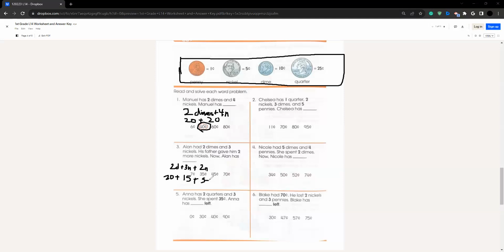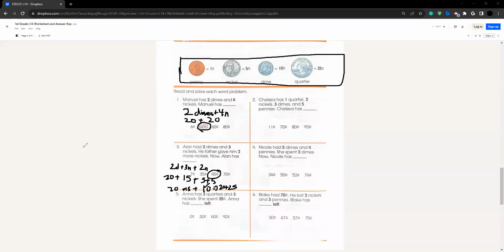So 5 plus 5, we know this is 10. 15 plus 10 is 25. Yes. So 20 plus 25 is 45. Number 3, 45 cents.